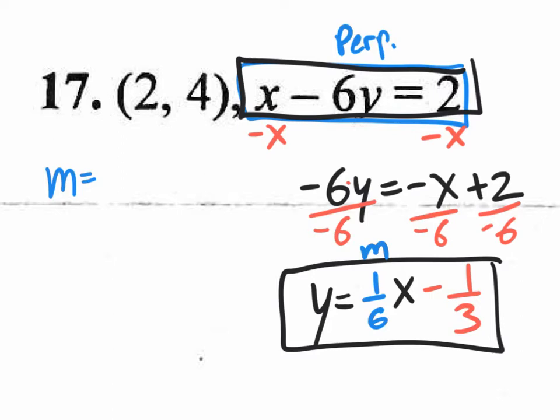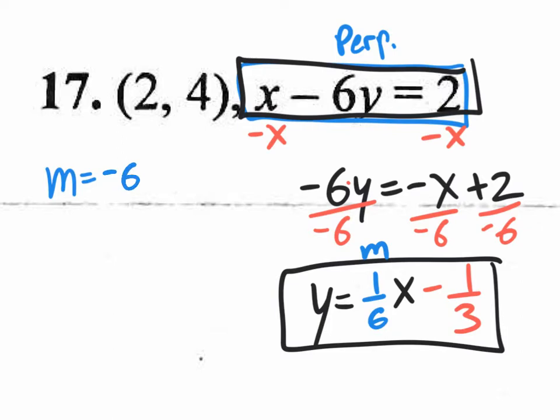The instructions say that the equation that we want to write passes through this point and is perpendicular to this one. That instruction is telling me that my slope is going to be what? Flipped and the sign changed. So what's my slope going to be? -6/1, which is just -6.